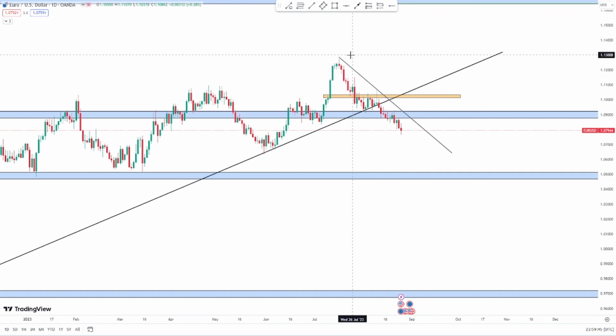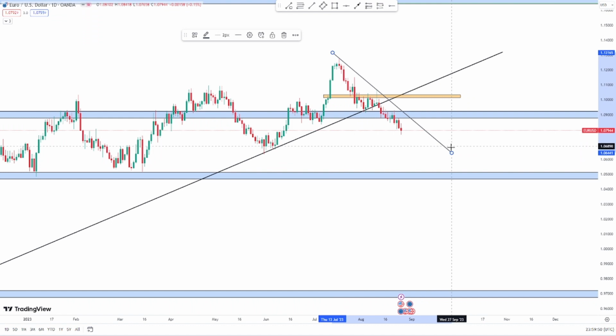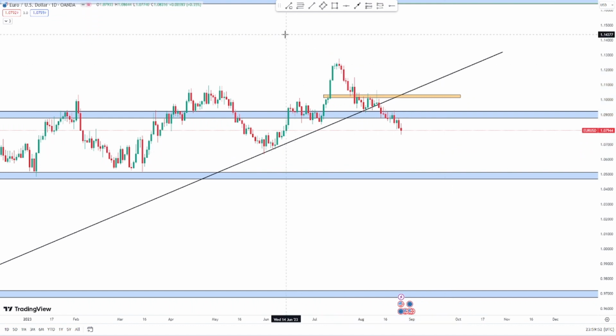This counter trend line is too steep. We need price to create a higher high, a lower high, a higher low, a lower high, a lower low. Expect price to give us a lower high around this region to signify a complete change of trend.